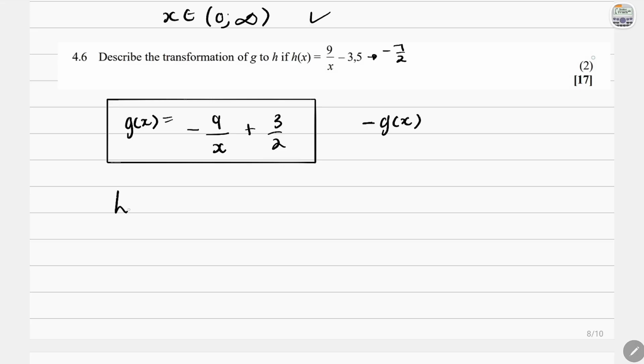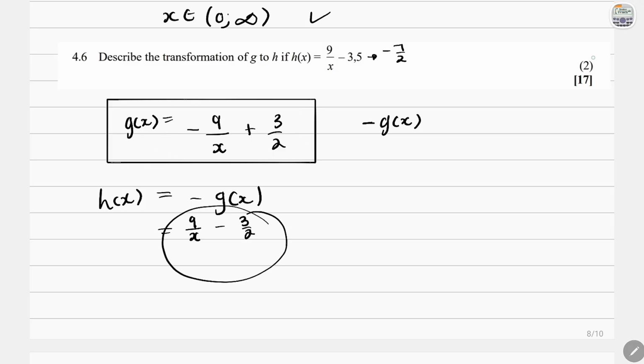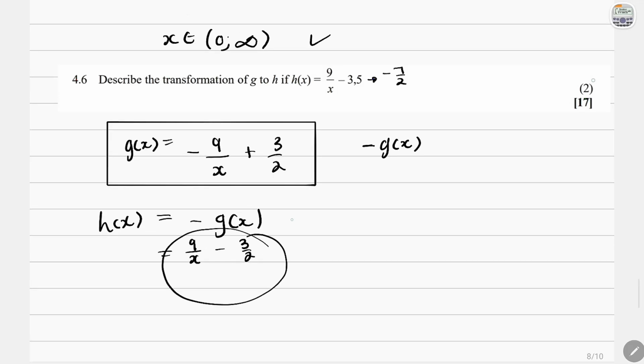So it means h of x, this is not h of x yet, but we first just took it, and of course we said minus g of x, and then that has an effect on this. So it multiplies in, like I showed, to become positive 9 over x, and then multiplies to that one to become minus 3 over 2. Okay, and so now we're looking at this and asking, how did we go from this to get to this equation?